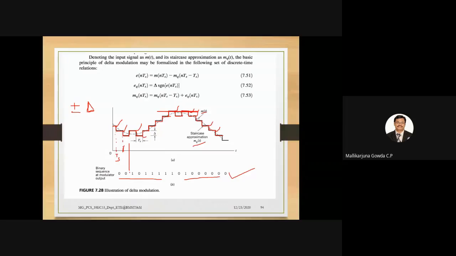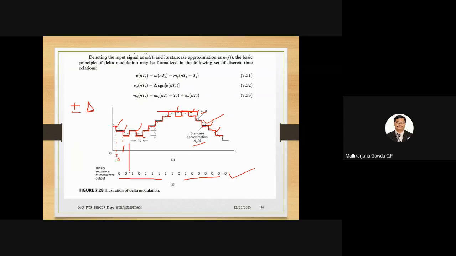So like this, what I am finding is, the approximated signal will be able to track my original analog input signal, right? Hope you understood this point, when it will be incremented and when it will be decremented by delta. Is that point clear?